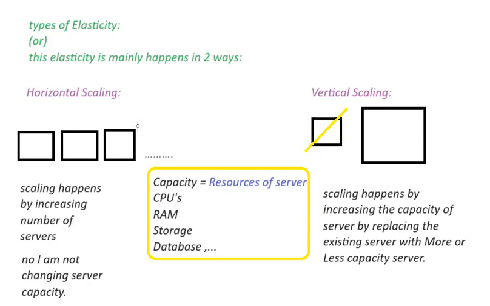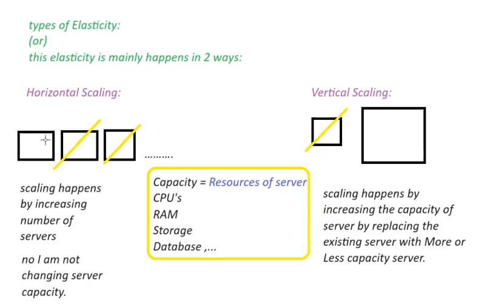How do I reduce? In horizontal scaling, how will the reducing happen? It just removes servers and provides only as many servers as are needed. We are just removing servers. What are the current servers I have, I'm just removing those servers, that's it. I'm not removing the existing server.